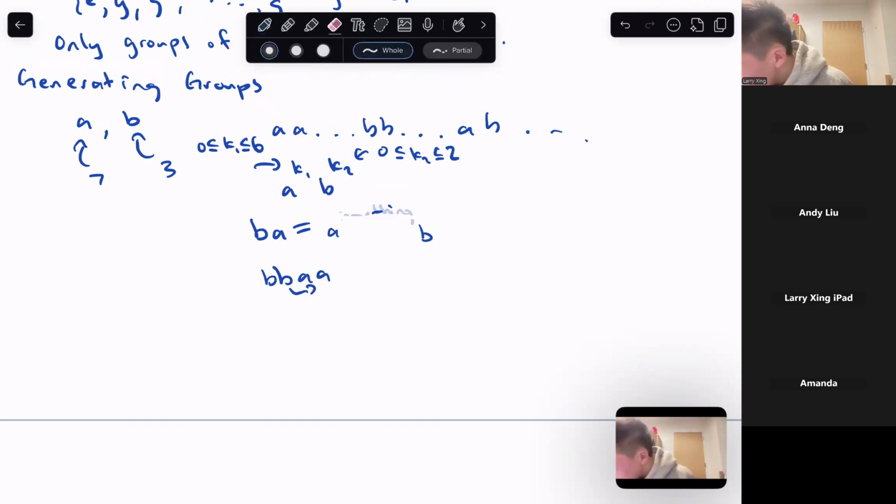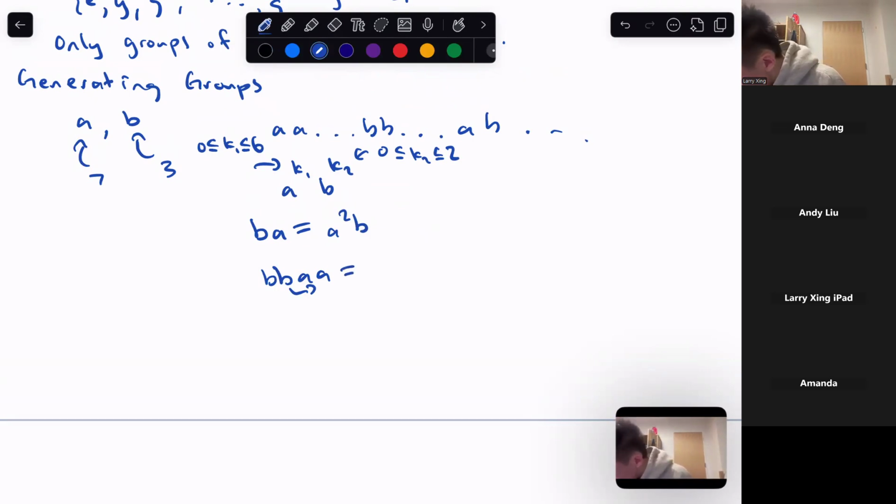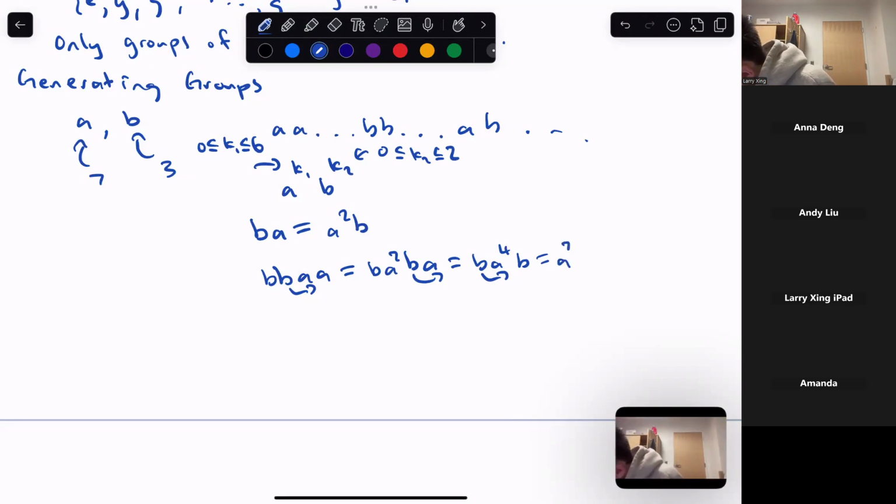So let's say, for example, this is a squared. Then we would be able to move this b beyond the a. So this is equal to b a squared b. And now we would be able to move this b. So this is b a to the 4 b. And then we move this b. So then this would be a squared b a cubed b.